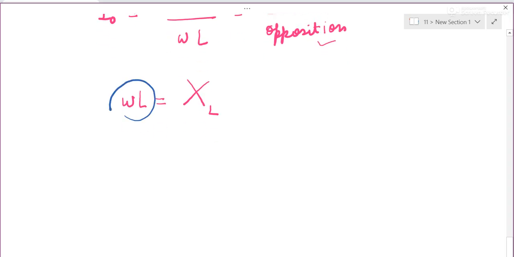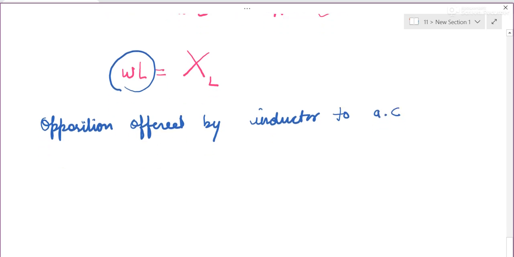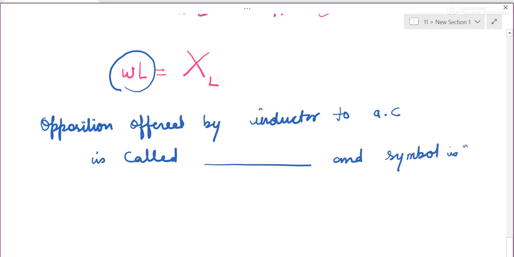So the opposition offered by an inductor to the flow of AC through it has a name, and the symbol is X L. The formula is omega L. What is the name?